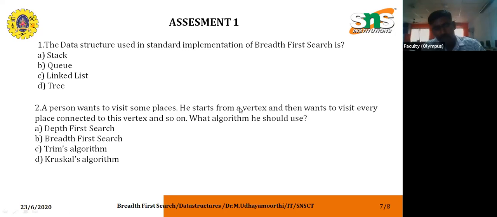So the solution for this question is options A and B. Both support checking and traversing nodes.